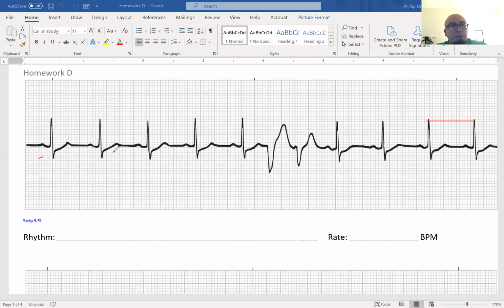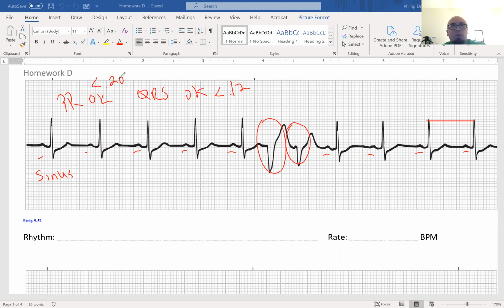You got your P wave, P wave, P wave, P wave, P wave, early beat, P wave, P wave, P wave, and P wave. They all look the same. Again, we're calling this sinus because they all have a similar shape. We're okay with that. Intervals, PR interval okay. QRS interval is okay. That's less than 0.12 seconds, and this is less than 0.2 seconds.